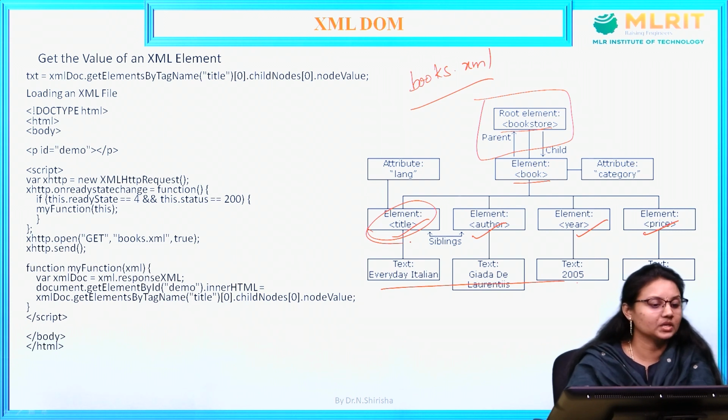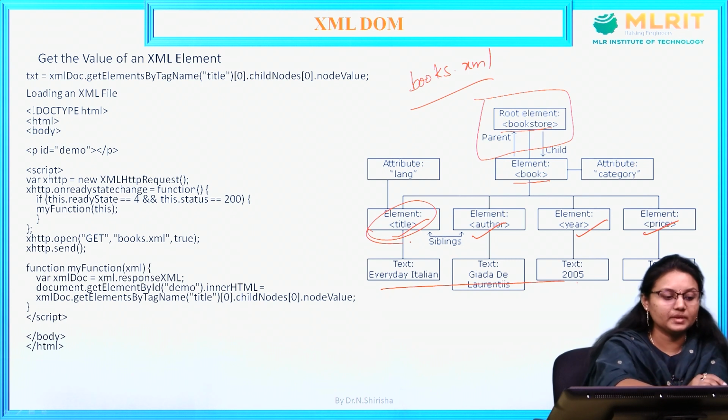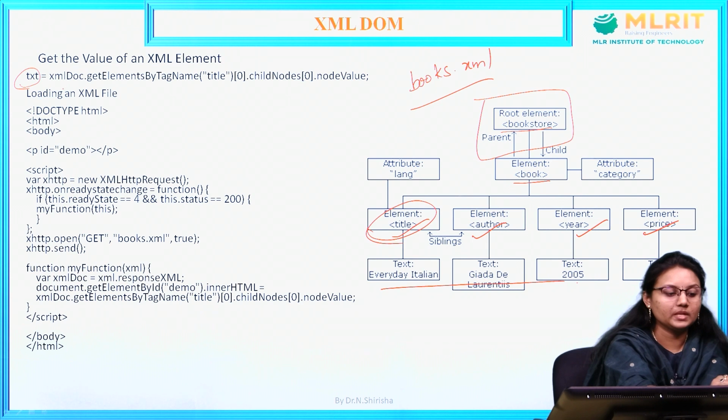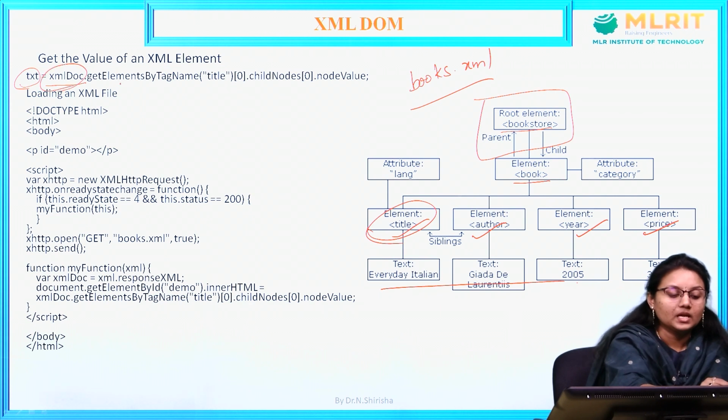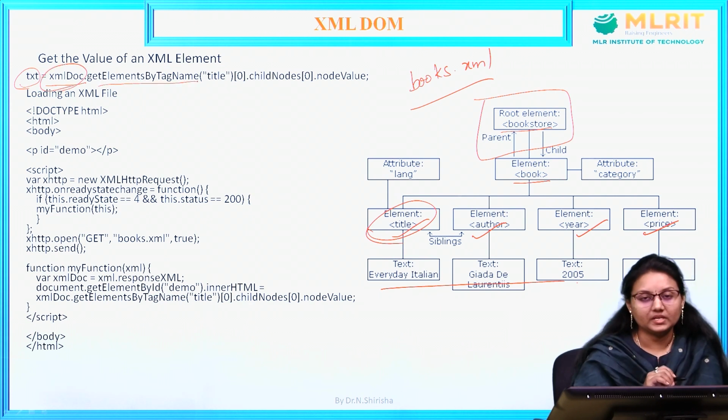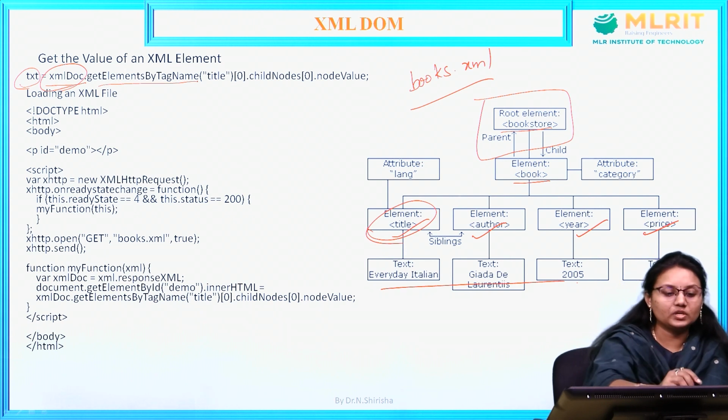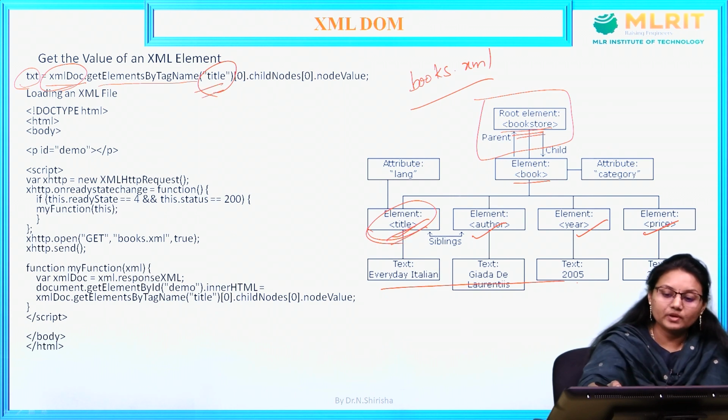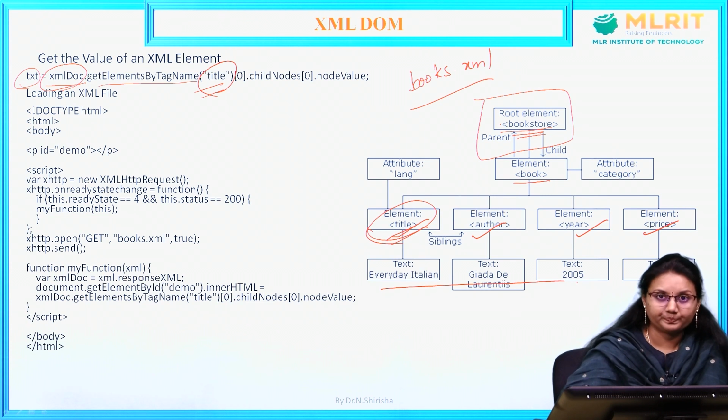To get the value of an XML element, here also we have a variable, txt is a variable, and xmlDoc is an object we have defined. getElementsByTagName is a method that retrieves by tag name. What is the tag? Title. In the bookstore, if you see, we have the title tag. If you are writing a number of books, a number of titles will be there.